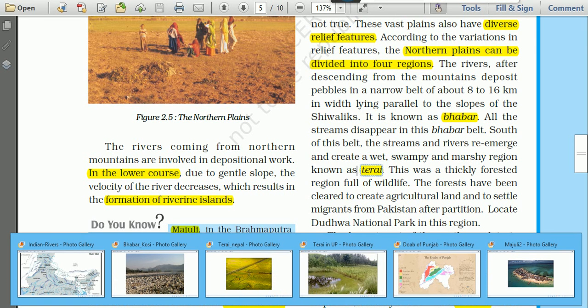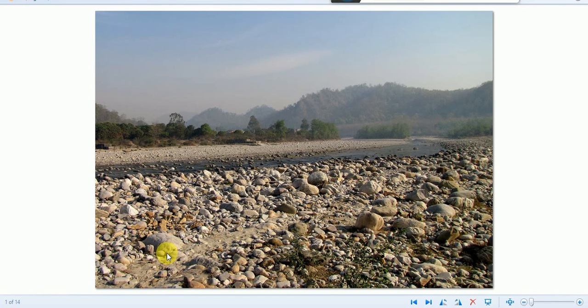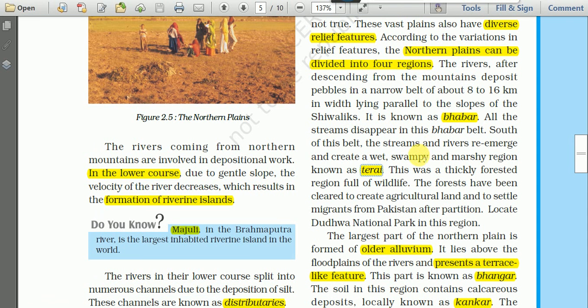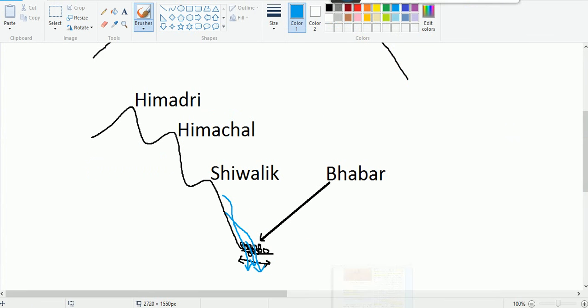About this Bhabar, the Bhabar looks like this. It is covered with pebbles and sand, and the water has infiltrated underground and disappeared, and this water again re-emerges here, just south of the Bhabar.